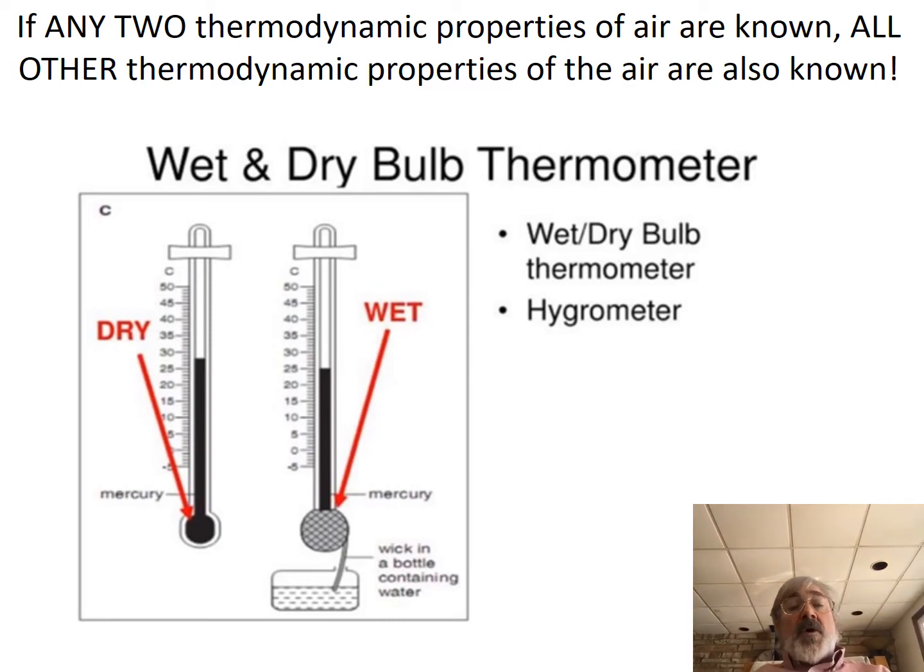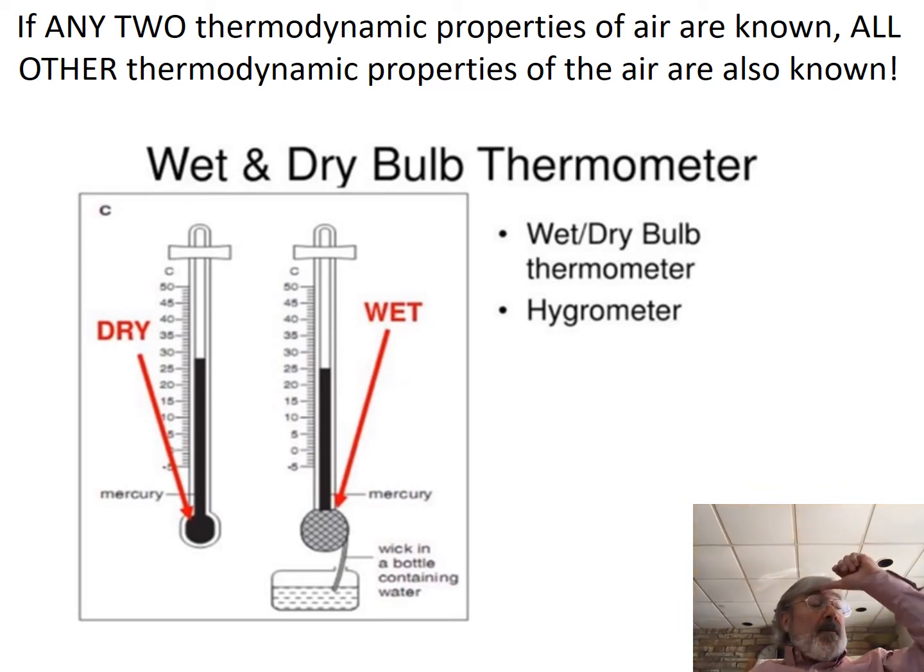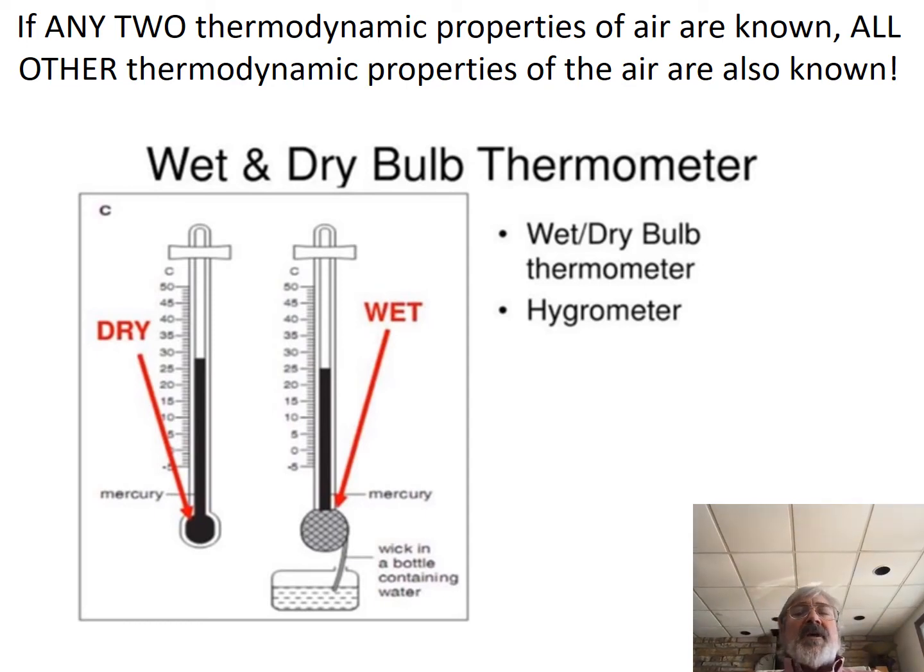If the air is dry, then the water evaporates off that wick, and that drives the temperature down, and that is your wet bulb temperature. A hygrometer is basically something that measures dry bulb and wet bulb temperature. Dry bulb thermometers are real easy to use.